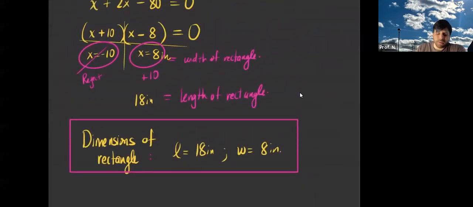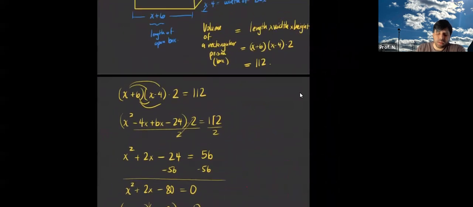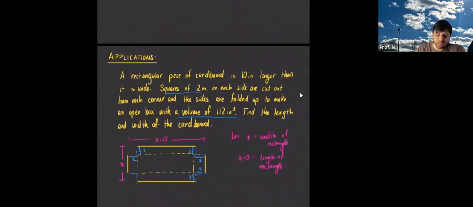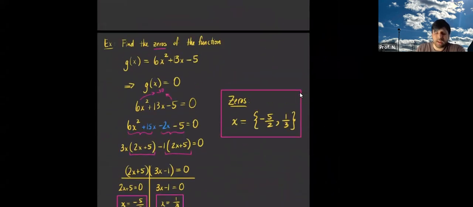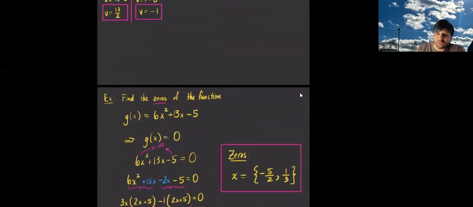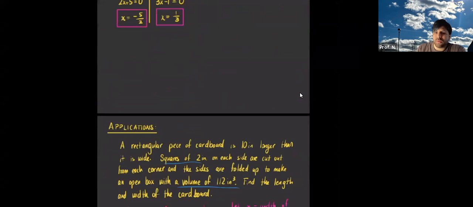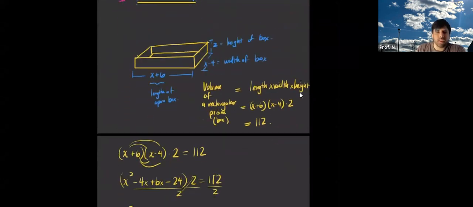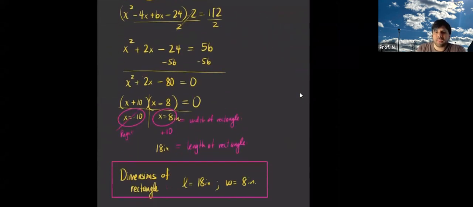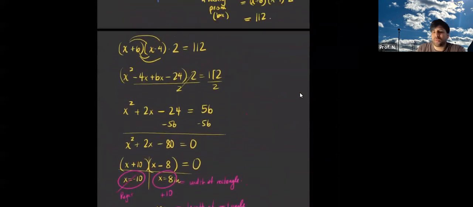Last time we were talking about solving equations using factoring. We talked about the zeros of a function, which are the x values that make my function have a y value equal to 0. And basically factoring was utilized throughout. We factored everything we possibly can, and we applied it to real world examples.